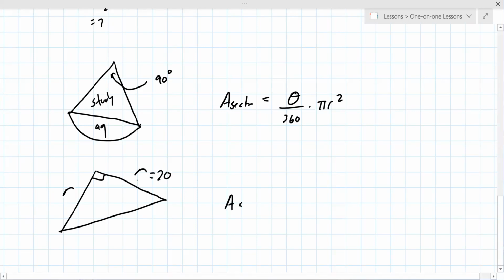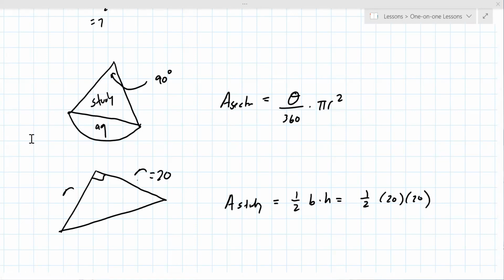So the area of the study is just a triangle. It's 1/2 base times height, 1/2 times 20 times 20. I'm just going to say this, even though it's obvious: please rewrite this work before you submit.